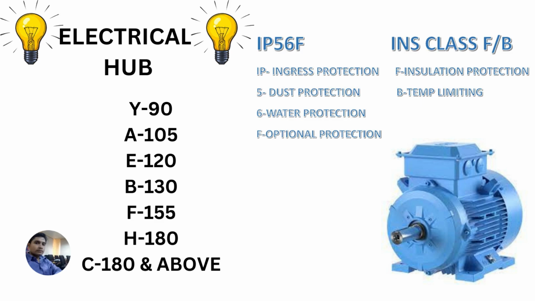Y means 90, A means 105, similarly F is 155, B is 130. So if the insulation class is F by B, it means the insulation can sustain up to 155 degrees centigrade, but for a better life of the motor, it should be operated at 130 or below.